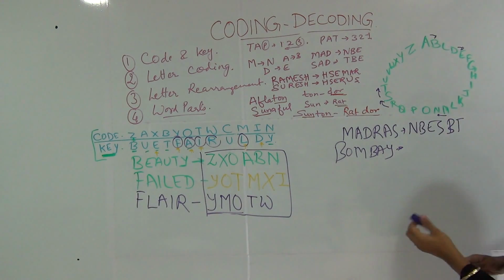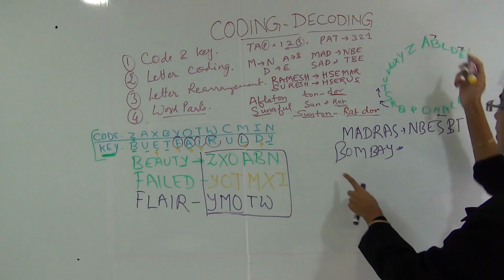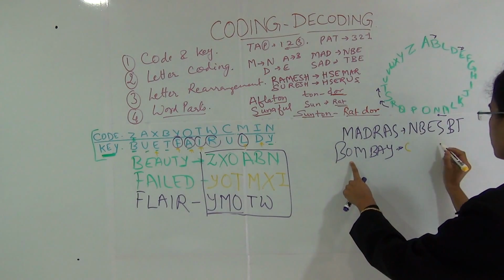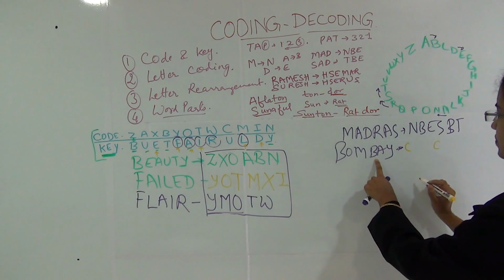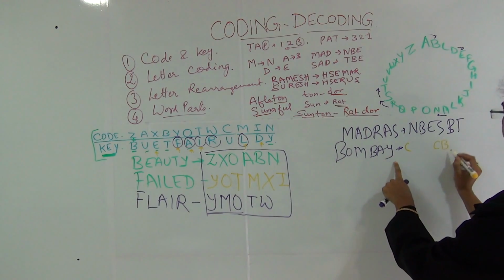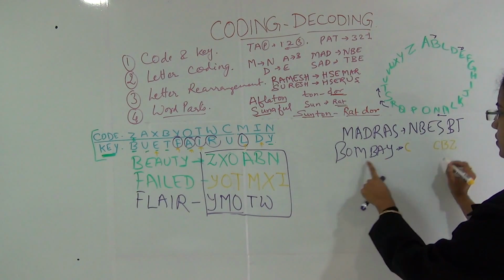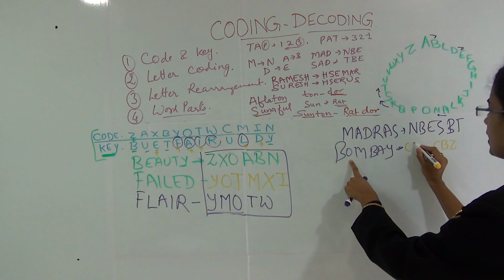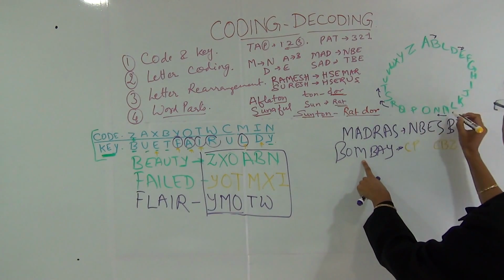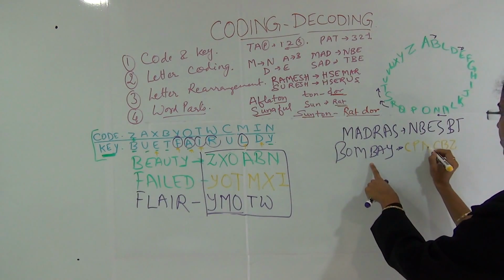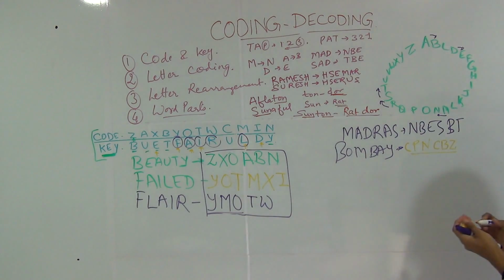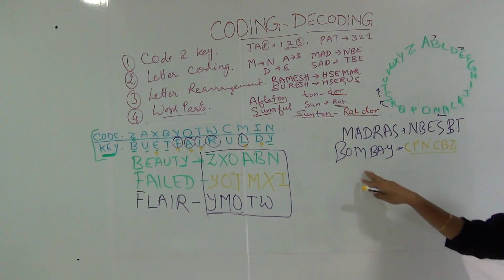So let's solve it for Bombay. For Bombay, B becomes C. So you have two spaces where B is there. A should become B, Y should become Z, O should become P and M should become, the next letter is N. So this would be the letter coding for the word Bombay.